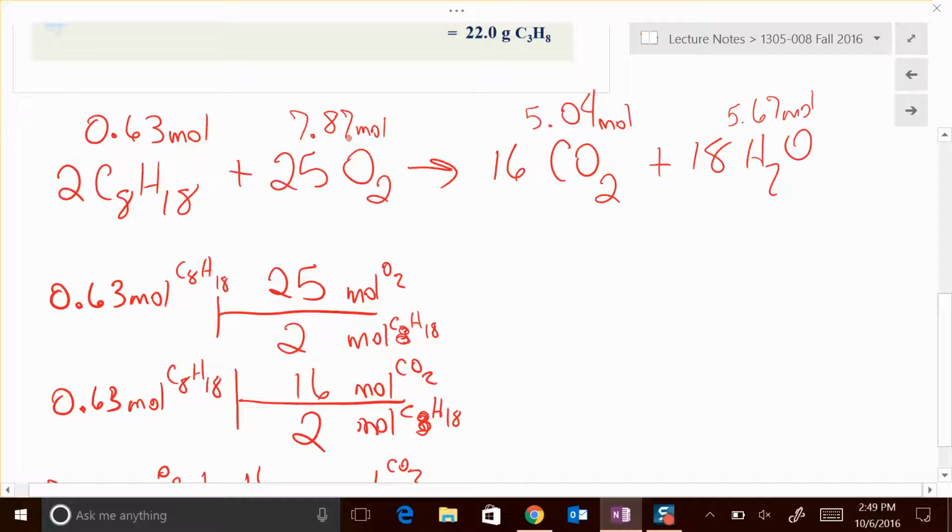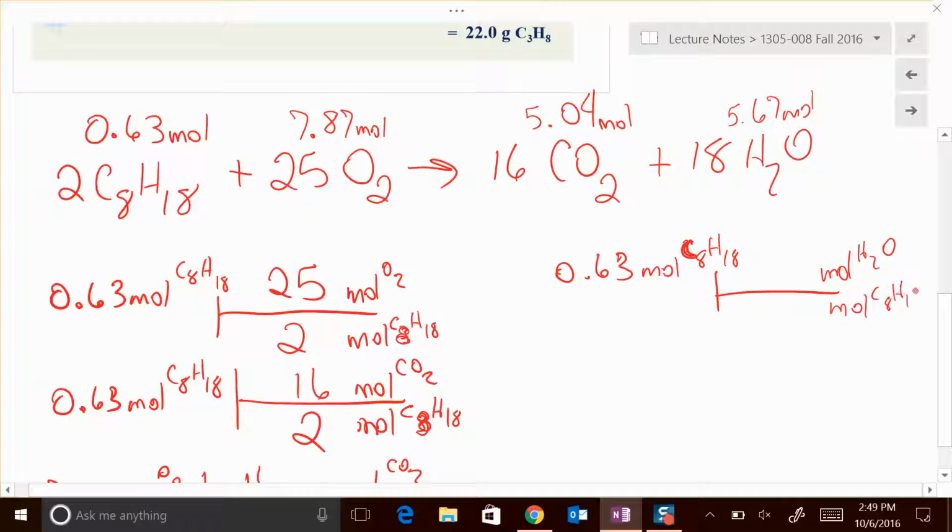Is that what everybody's getting? Is there a consensus on that? Okay, so I could have started with 0.63 moles of C8H18 and gone to moles of H2O from the moles of C8H18, 2 for every 18.